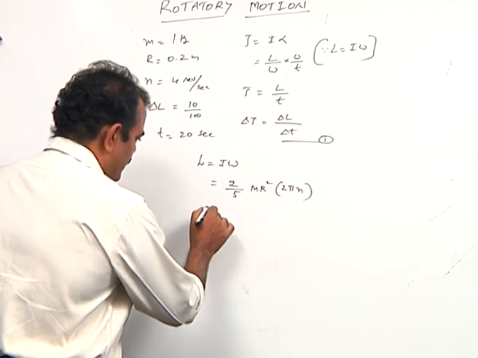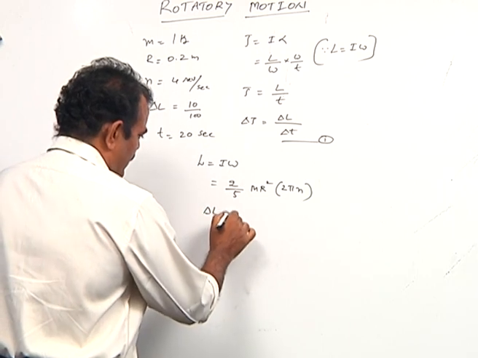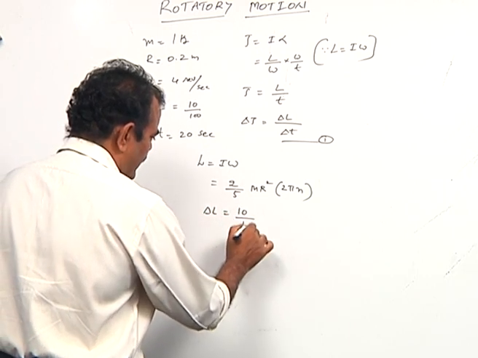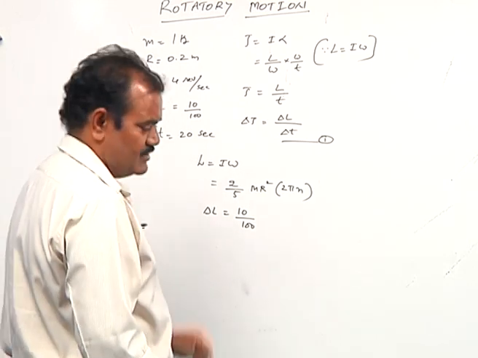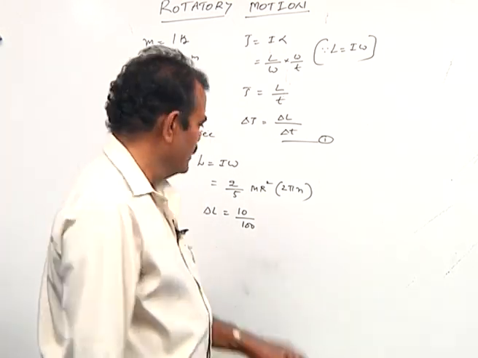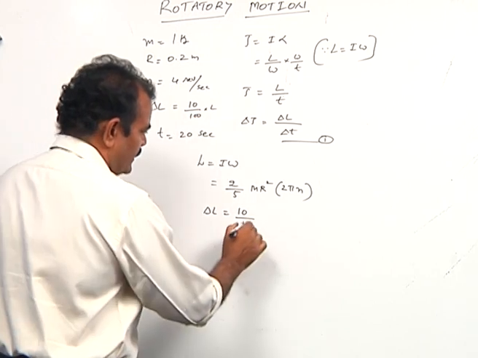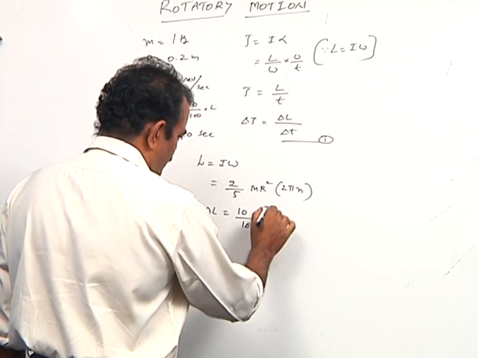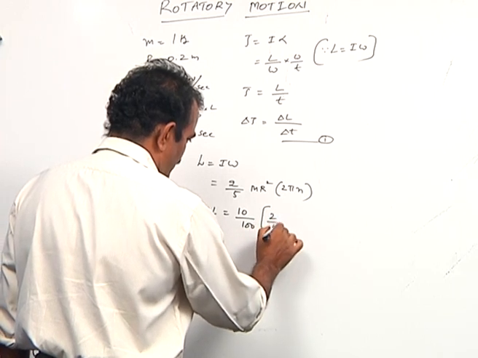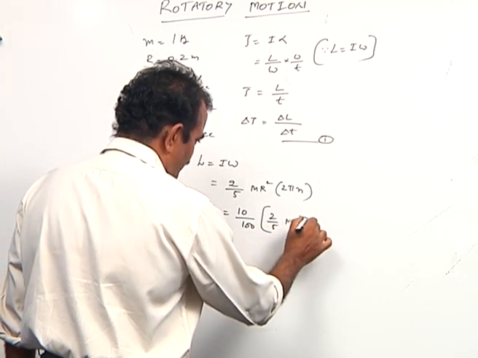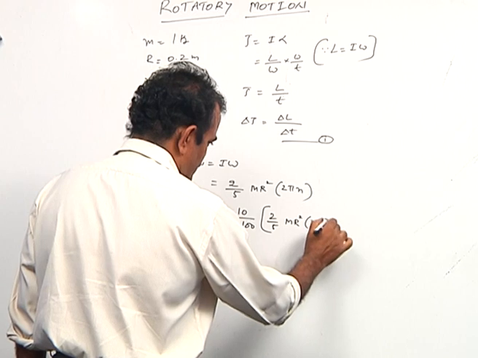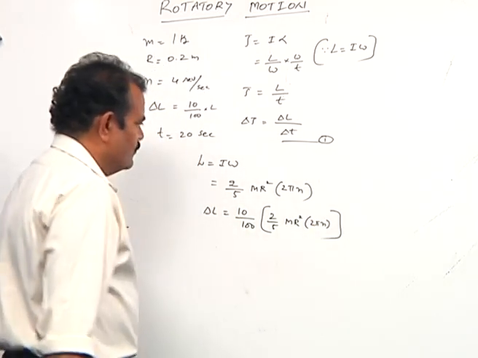In this case, delta L is equal to 10 by 100 of the original initial value, so delta L is equal to 10 by 100 of 2 by 5 mr square times 2 pi n.